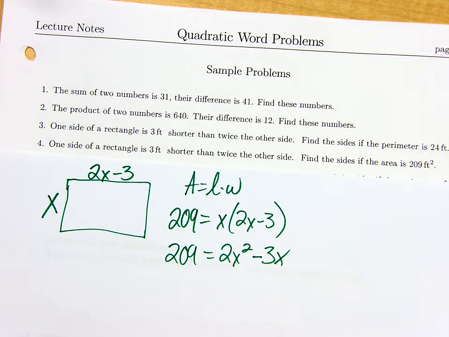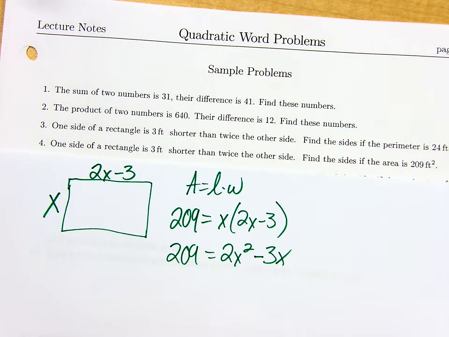I can solve by square rooting. Is this eligible for solve by square rooting? No, because I have an x term, so that's out. The next easiest, in my opinion, is to try factoring. So if I'm going to try factoring, what should I do first?